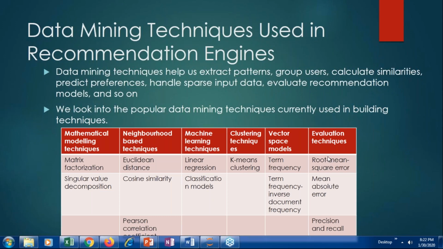And once you have built the recommender, you can also evaluate your recommender system based on root mean square error and precision. In this session, I'll show a practical demo based on matrix factorization and singular value decomposition. Before that, I'll just go through some of the questions.